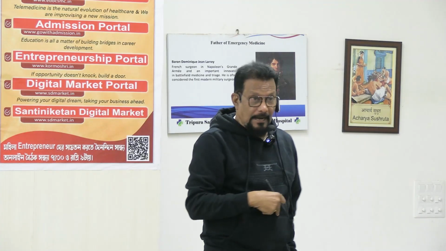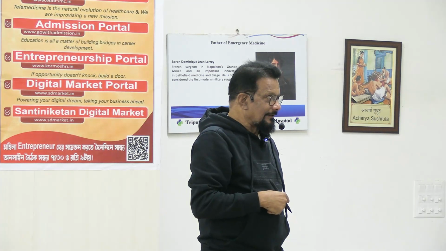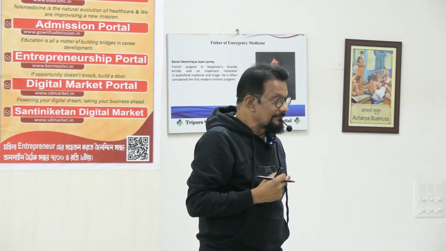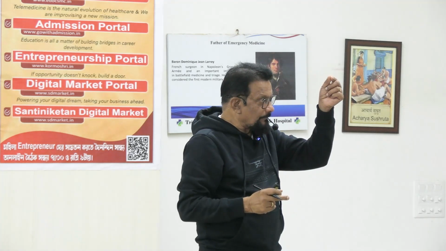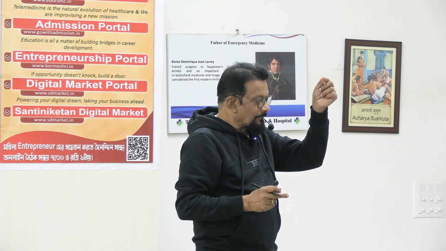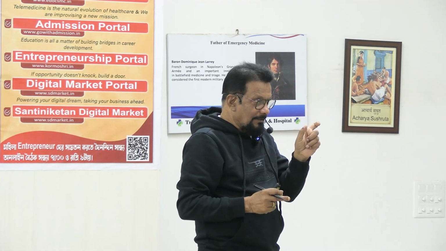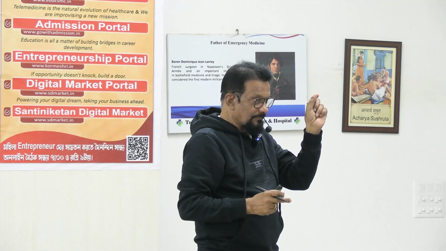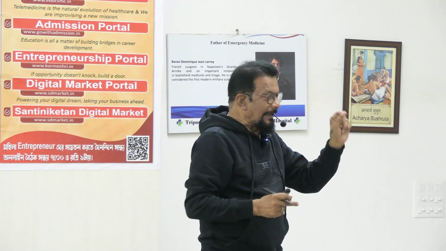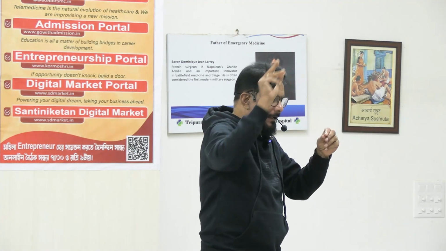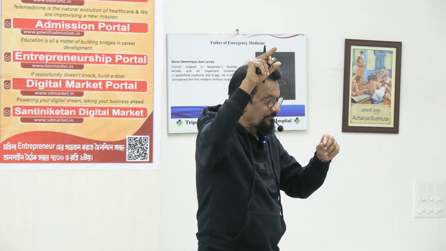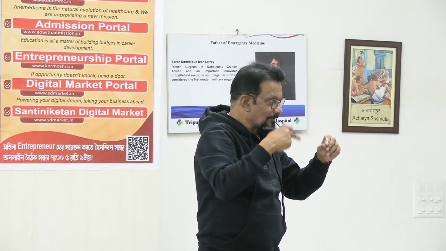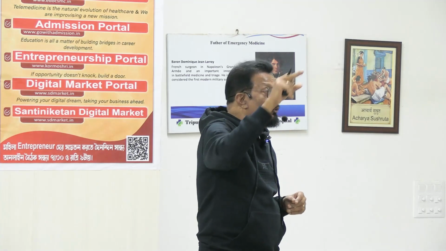I uttered the term deamination. What is deamination? Amino acid has amino group. There is one enzyme called deaminase. So deaminase can take away this amino group from the amino acid in the form of ammonia.